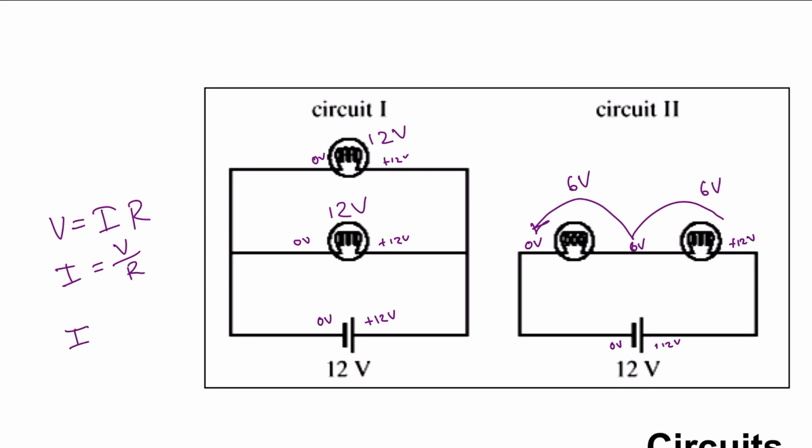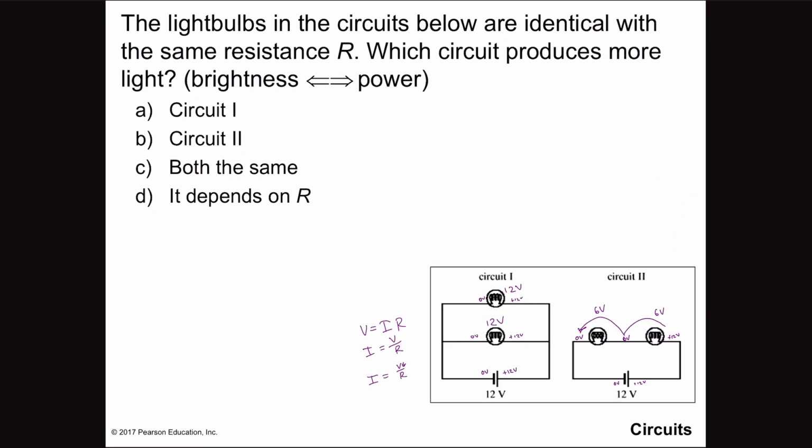And so I is going to equal V over R again, but this time V has gone down for each of them. They're each only getting 6 volts, which is going to reduce the current through both of them, and therefore produce less light than circuit 1. So circuit 1 will produce more light.